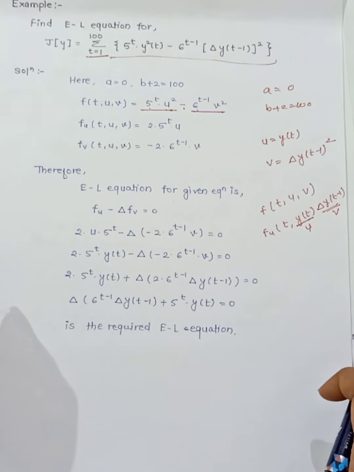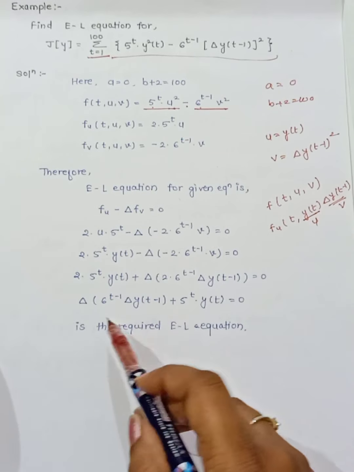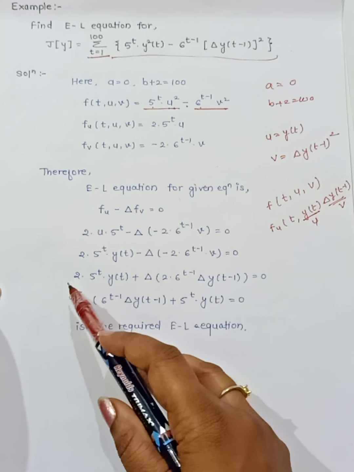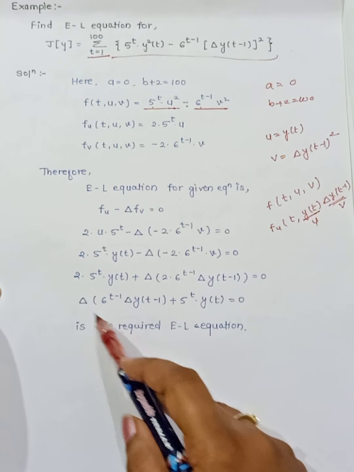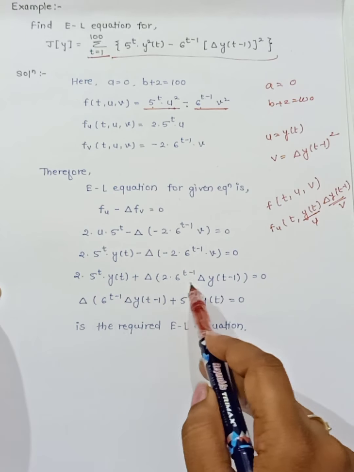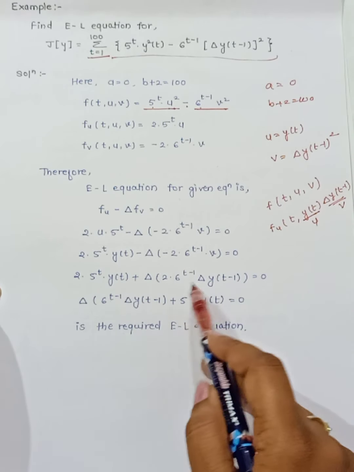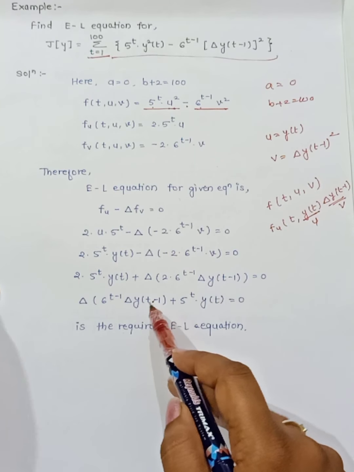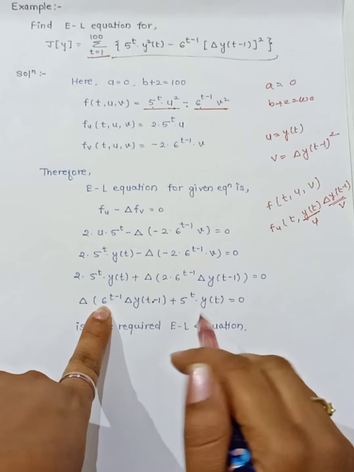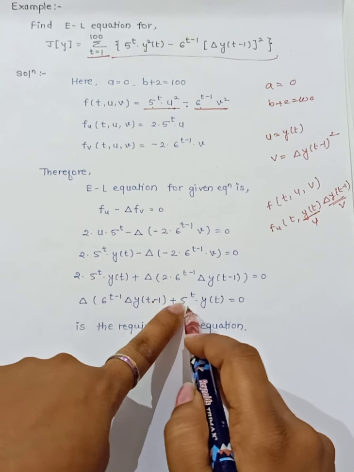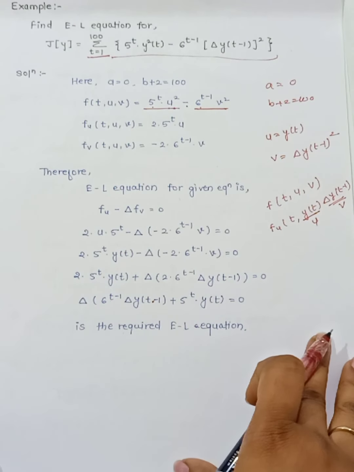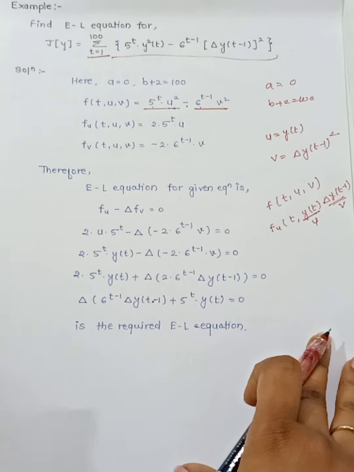So we have 2 in common, so we will take it common and shift it to the 0. Then Δ of 6^(t−1) Δy(t−1), plus this term we have taken here, plus 5^t y(t) equals 0, and this is our required EL equation. Now next example.